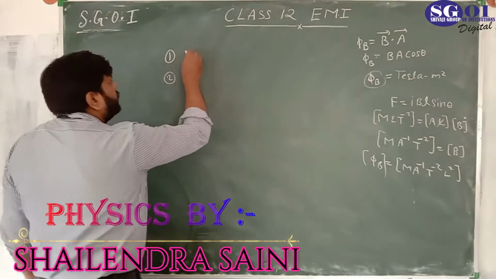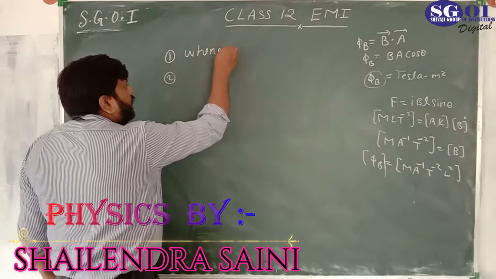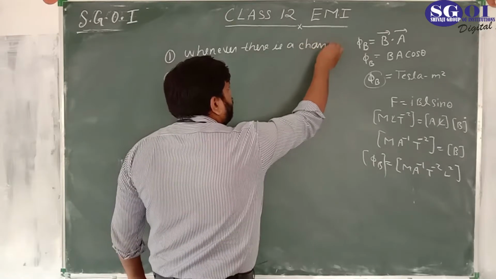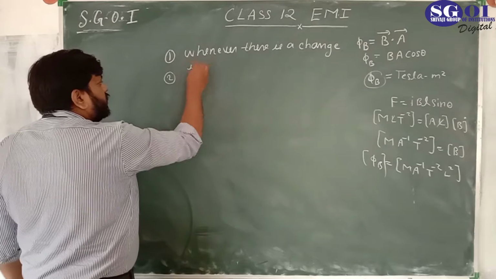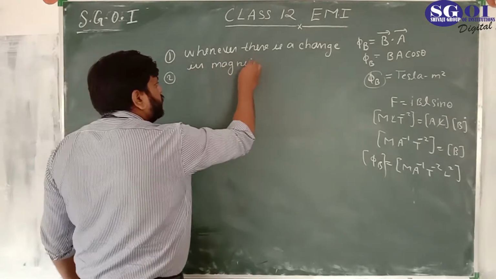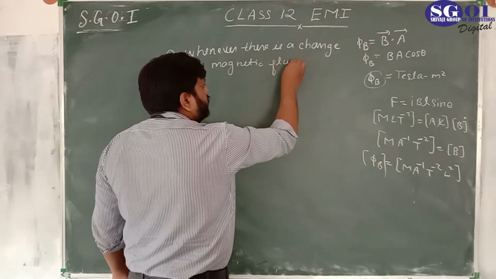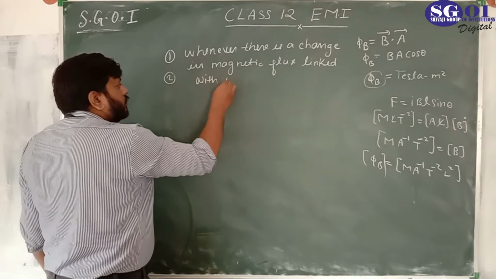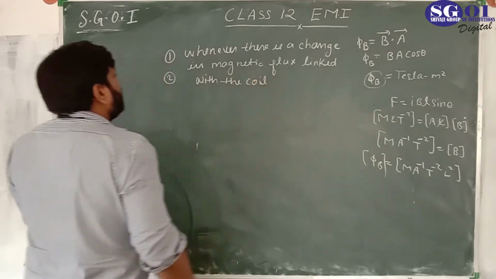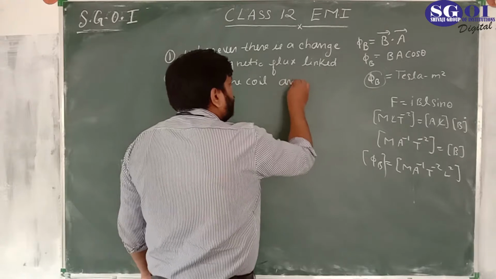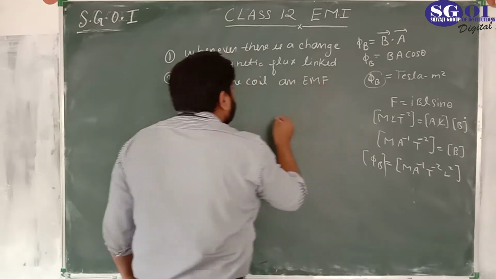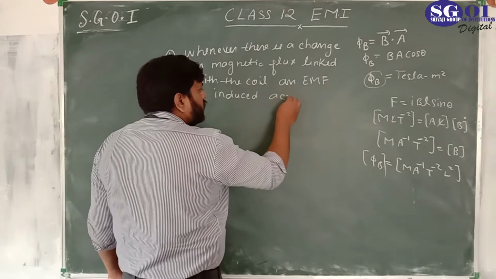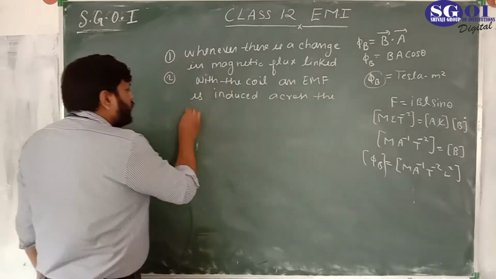So in the first law he told whenever there is a change in magnetic flux linked with the coil, an EMF is induced across the ends of the coil.